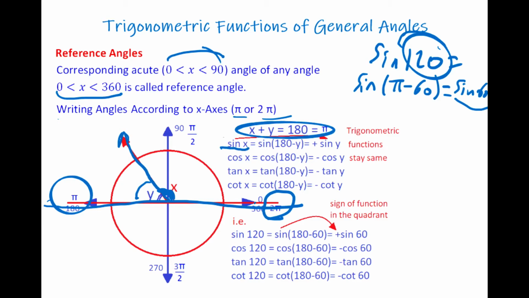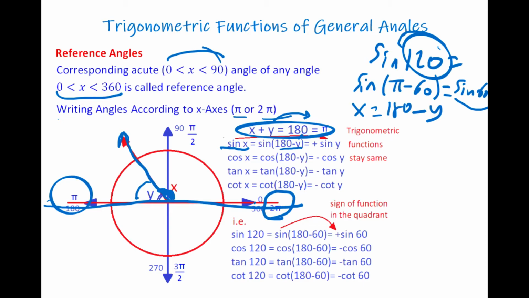Well, by using this pi, x is what? Well, you can just send this to the right, right? So x is 180 minus y. And this is what I put here. So sine x can be written as sine of 180 minus y, and that is equal to, guys, sine y.